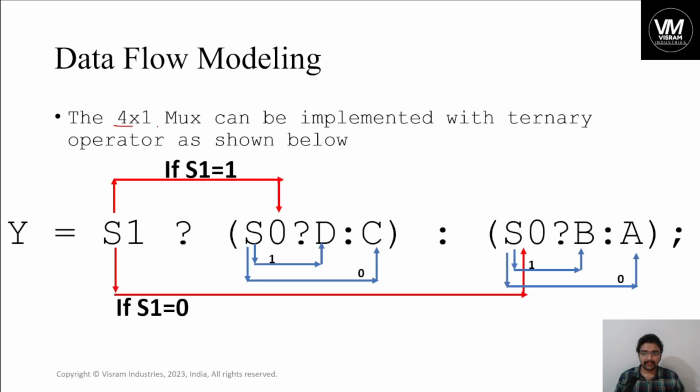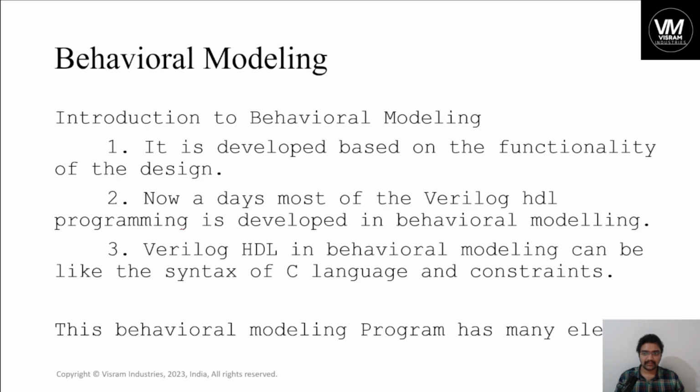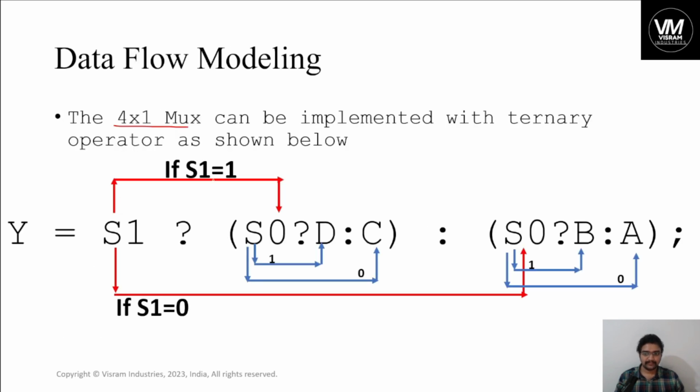And if it is a 4x1 multiplexer, this is how you will be writing it. If S1 is equal to 1, you have two selection inputs for the 4x1, right? S0 and S1 are selection points. How many inputs? 4, so it is 2 power 2, so two selection inputs.